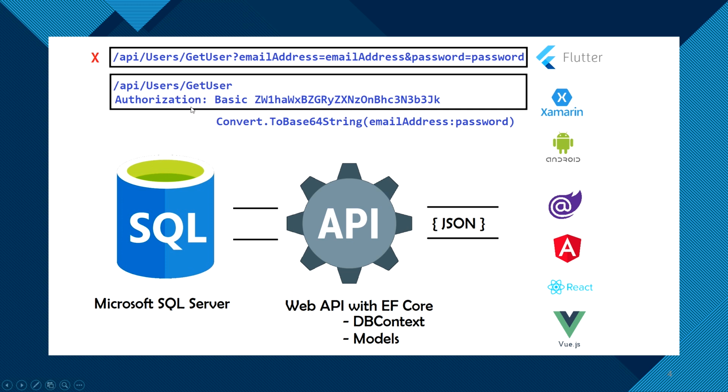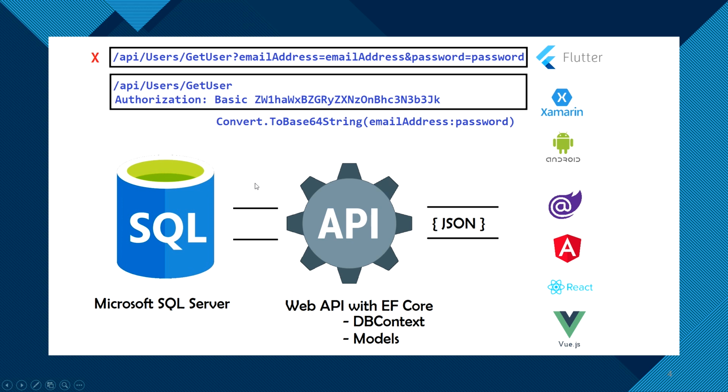So for this method, what you do, you add an authorization header and then basic, space, the encrypted string of your email address and password. But okay, this is good when the client knows that they have to pass basic, space, the encrypted string of their email address and password. What do we need to do on the web API side?